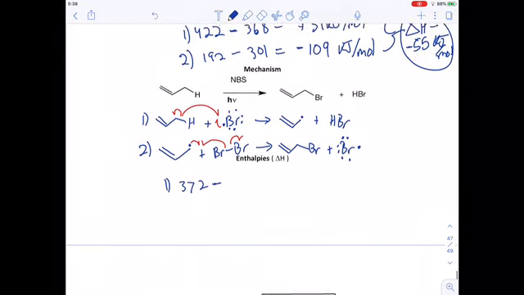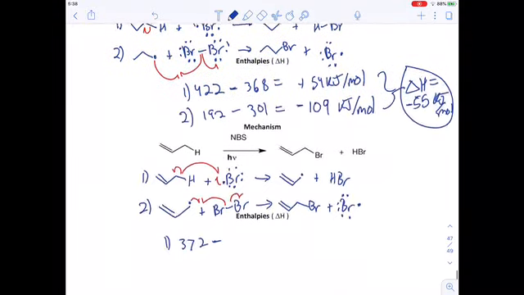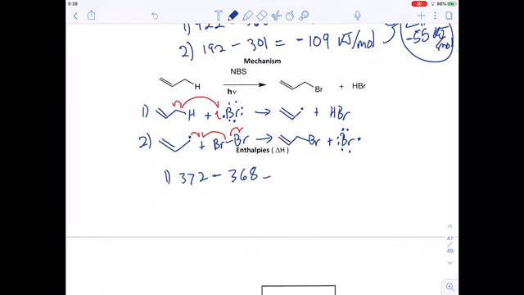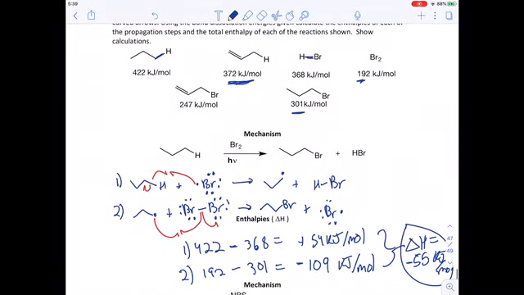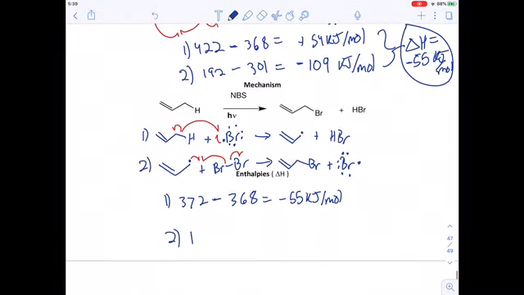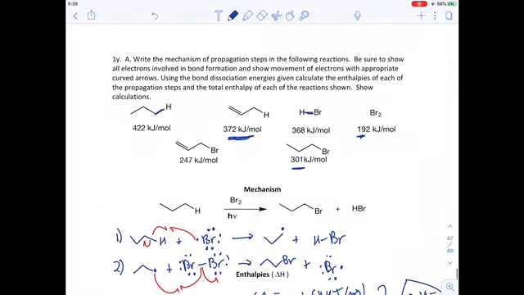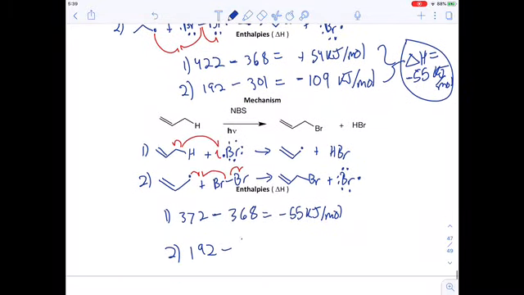Okay, so the enthalpies for the first step are going to be, as we can see here, we broke this bond, so it's going to be 372 minus 368 because you formed an HBr bond, and that's going to give you positive 4 kJ per mole. Sorry, my work got sloppy. And then for the next step, you broke a Br2 bond, which is 192.